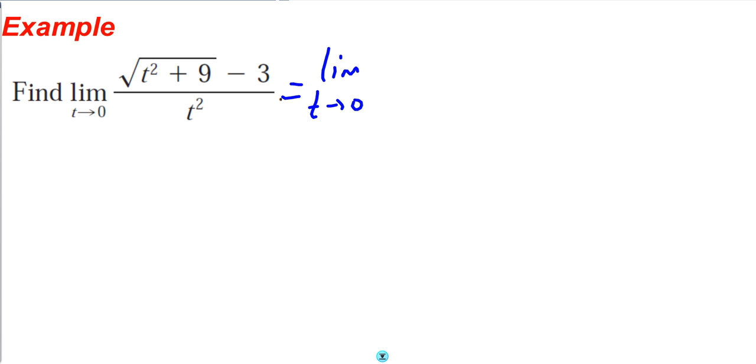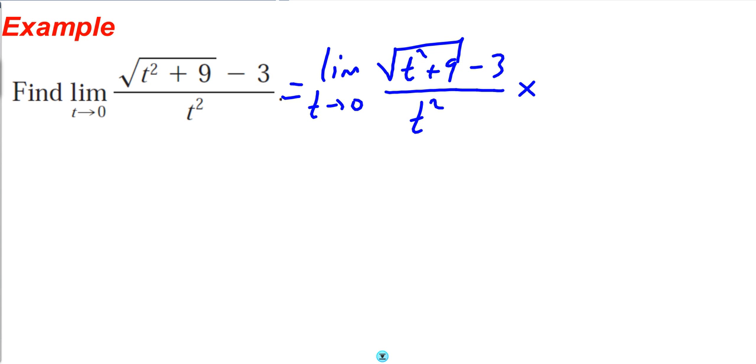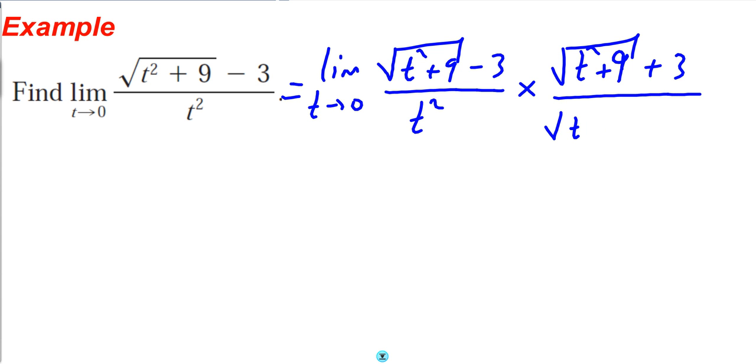We simply write down the same function, square root of t squared plus 9 minus 3, divided by t squared. We can multiply the numerator and the denominator by the conjugate of the numerator, so we multiply by square root of t squared plus 9 plus 3, divided by square root of t squared plus 9 plus 3.